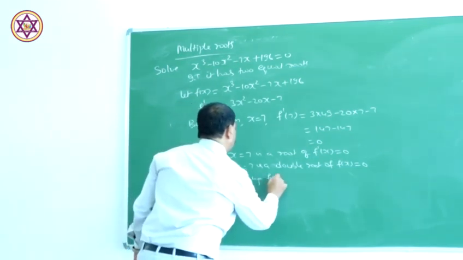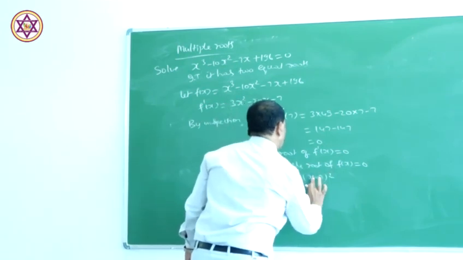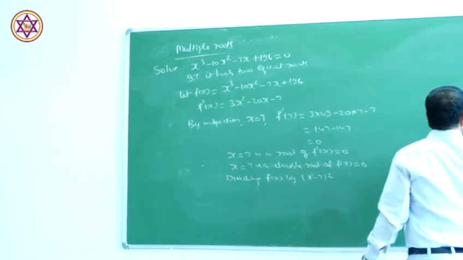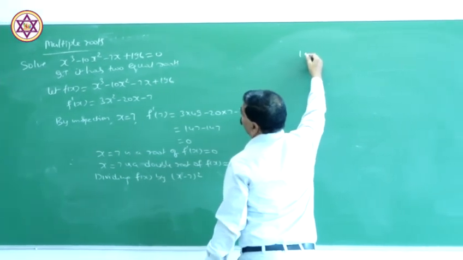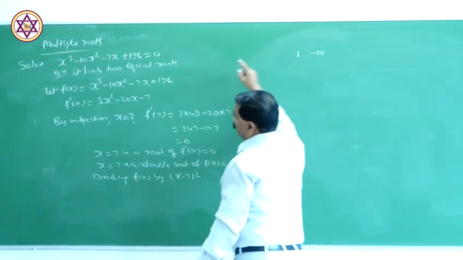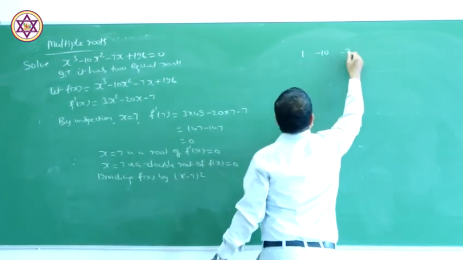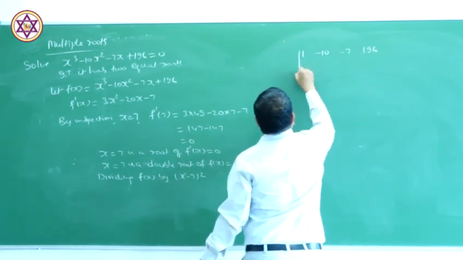Dividing f(x) by (x - 7) whole square. One, -10, multiple 1, -10, -7, 196.